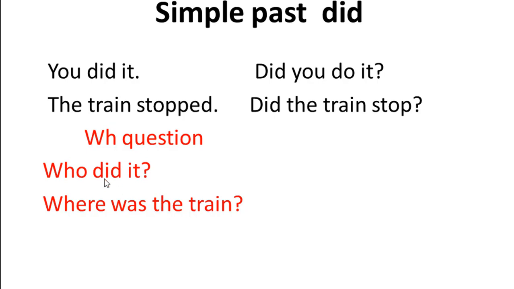Where was the train stopped? Somewhere near the terminal, near the end of the terminal. So we can say this one. Whatever WH question or yes or no question, don't forget the structure of making questions, please.